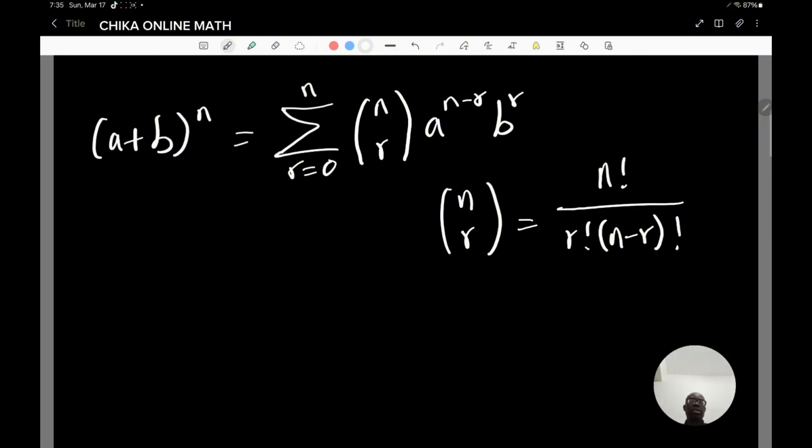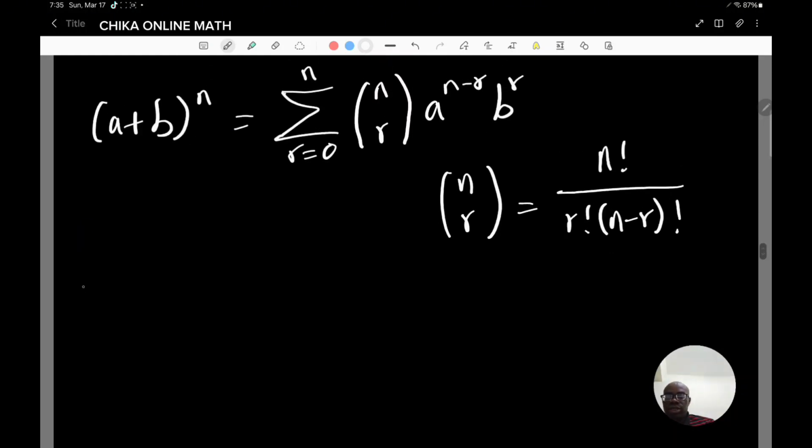Let's use this combination method to evaluate (a + b) raised to power 5. If you go to this formula, you substitute n equal to 5.